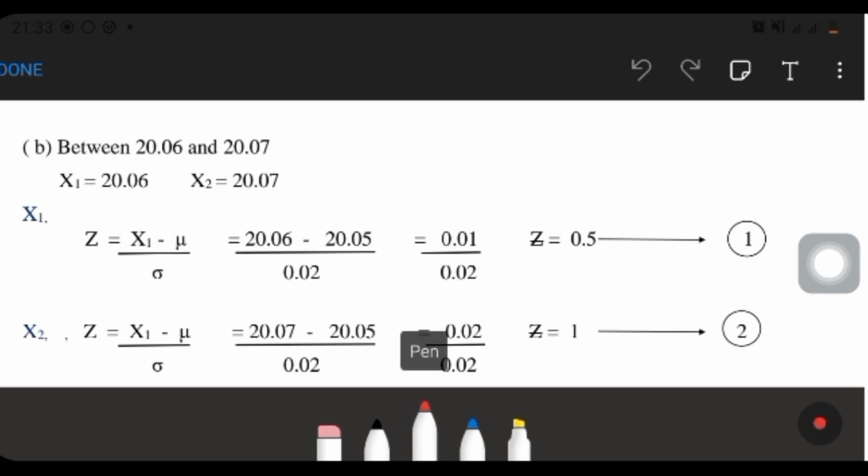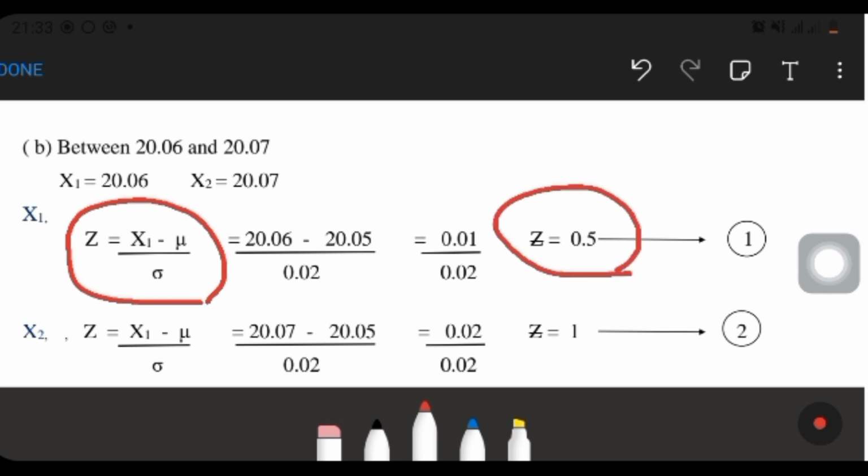So we use the same equation, z equals x minus mu divided by sigma. So the x1 value is 20.06, subtracted from 20.05 and divided by the standard deviation 0.02. So you have got the answer for the z value for x1 as about 0.5.